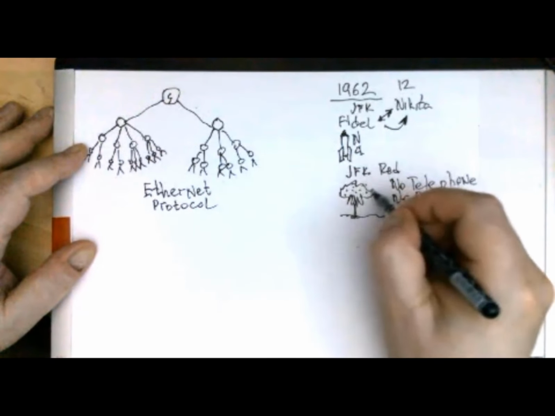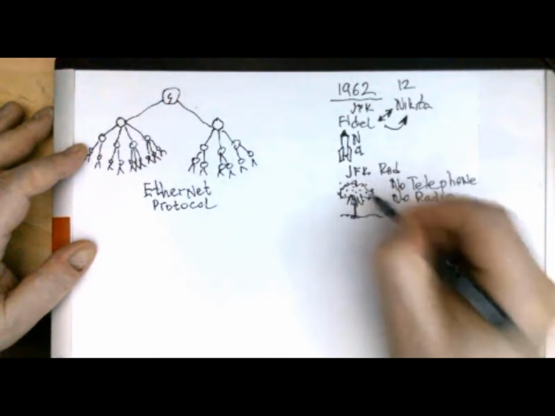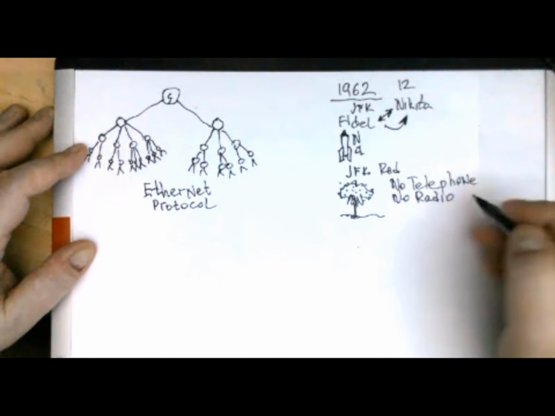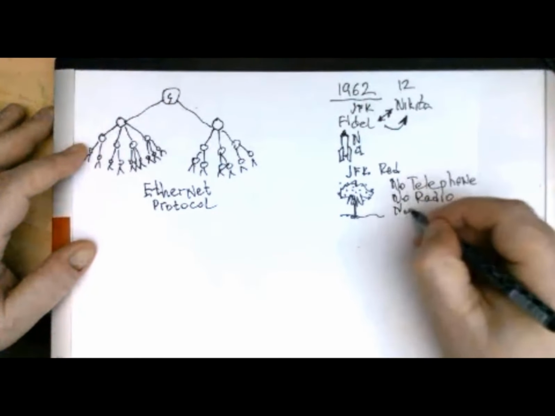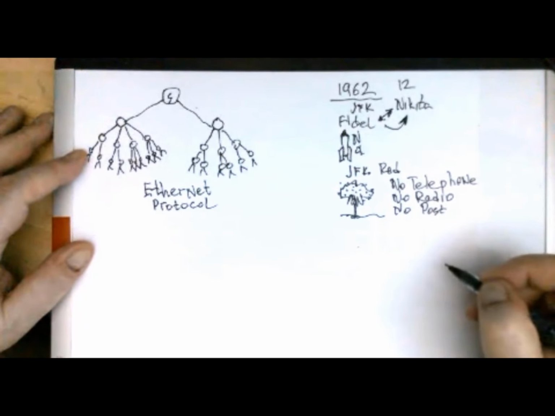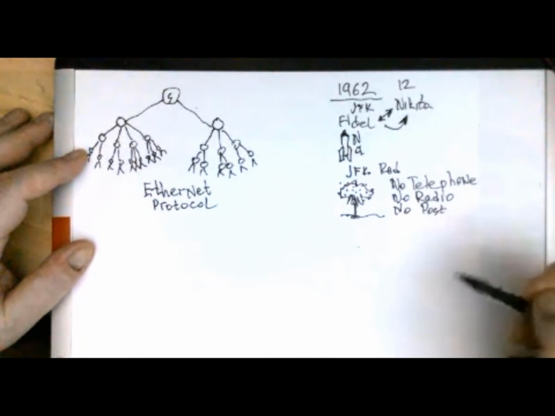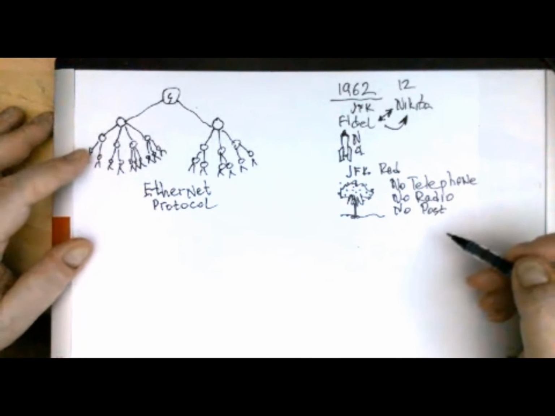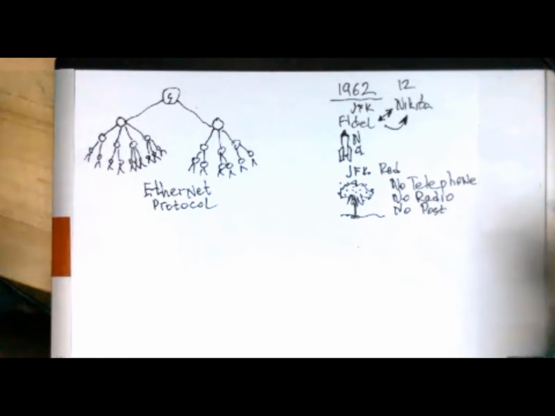There will be radio contamination everywhere, radioactivity, and definitely no post office, because the post office is already dead. When a nuclear explosion happens, nothing can survive. So there is no way to communicate.